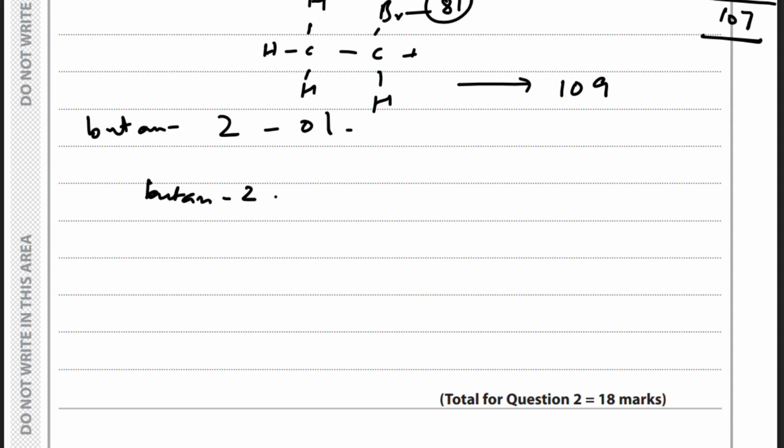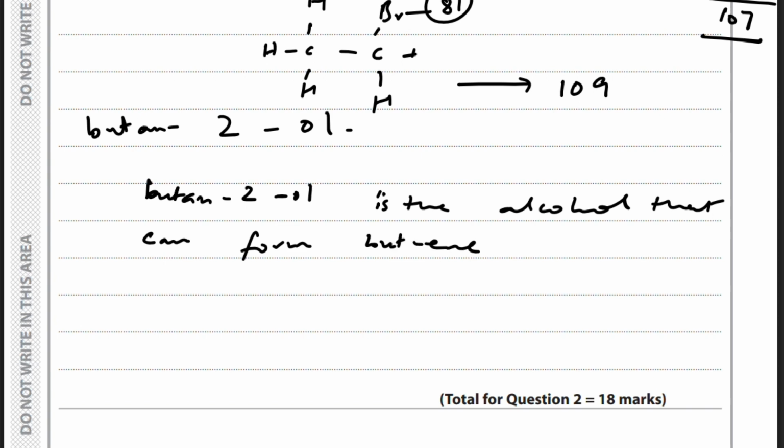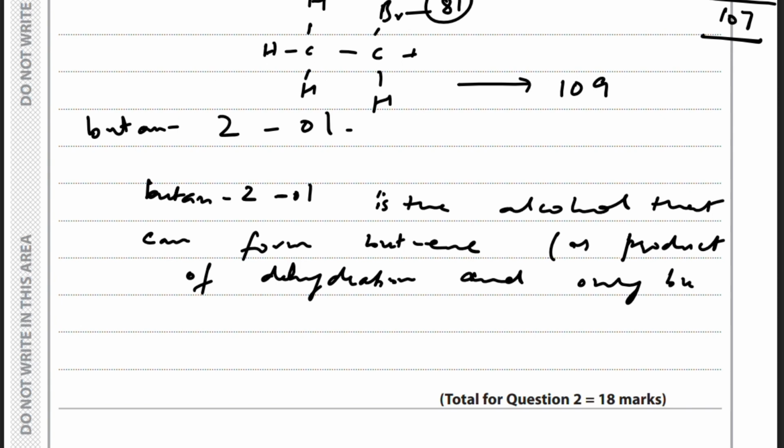So you can write that butan-2-ol is the alcohol that can form but-2-ene as a product of dehydration, and only but-2-ene can form 2,3-dibromobutane.